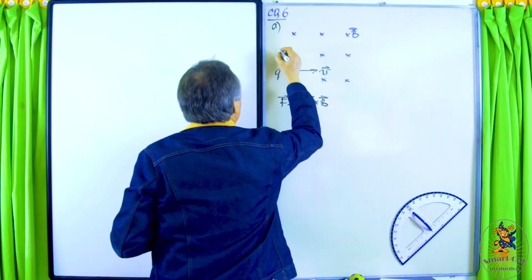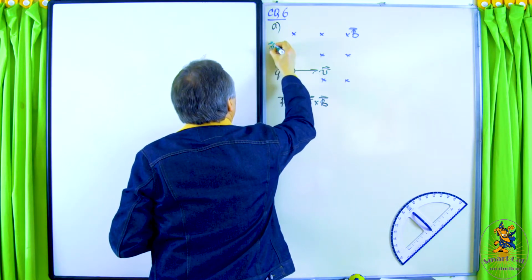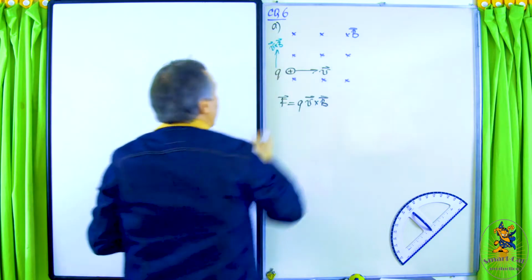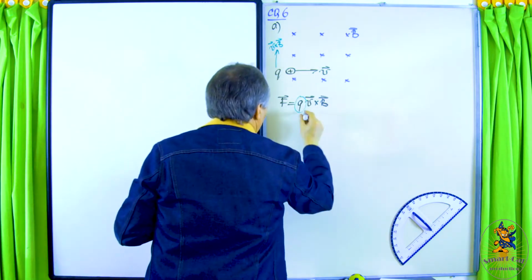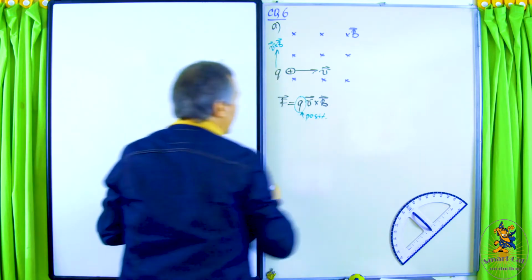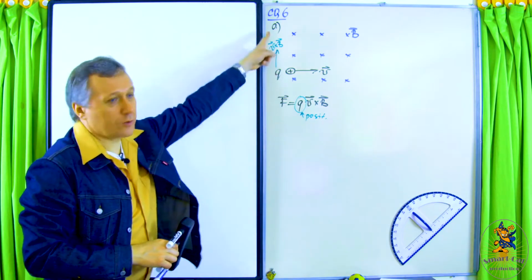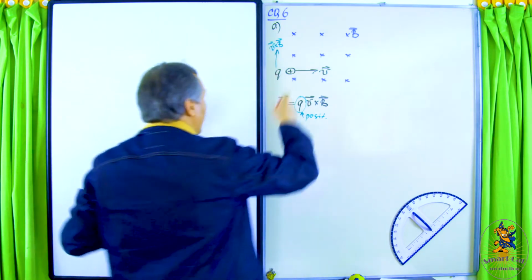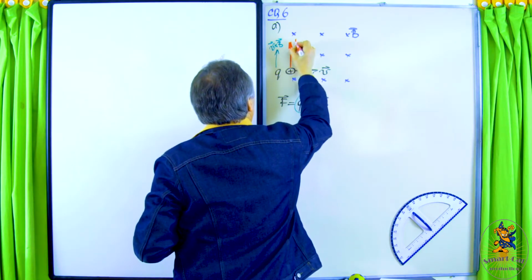So this is the direction of V cross B. And since the charge is positive, this is positive. Let me emphasize, it's positive. So it means this direction is also the direction of the magnetic force. So this will also be F.